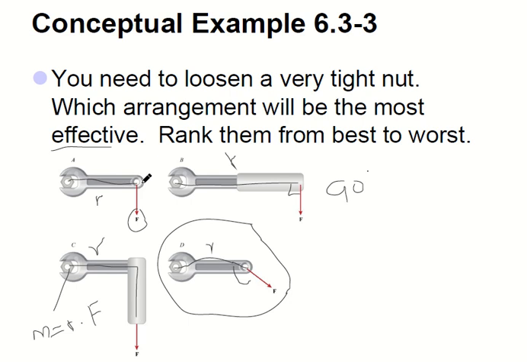It has nothing to do with whatever structure is on that line of force. So this and this are completely equal to each other. So you rank it like that: D is bad, this is good, and this is okay.